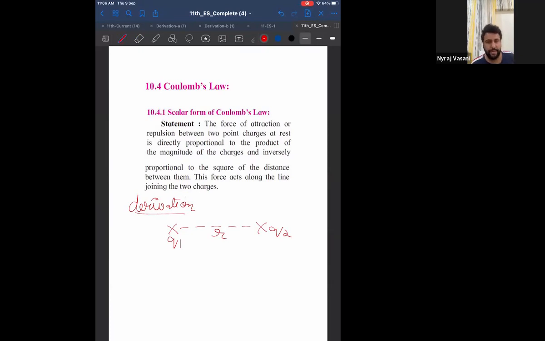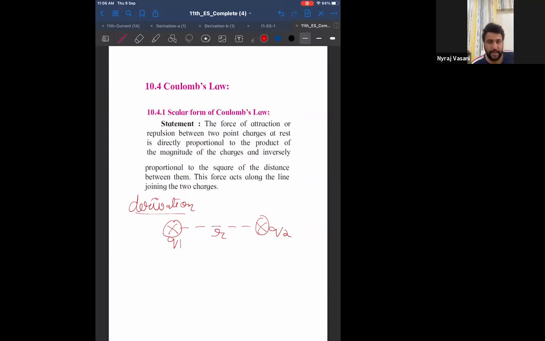Draw the diagram where there are two charges Q1 and Q2, which are separated by a distance r. Okay, listen.